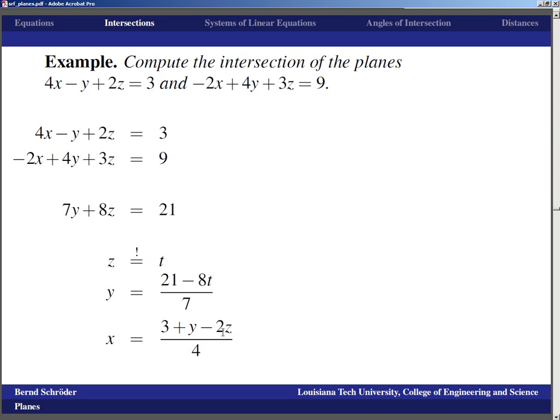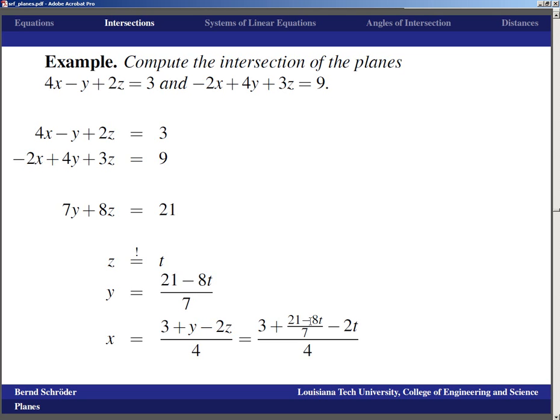Now I know z is equal to t, and y is equal to 21 minus 8t over 7. That can get a little bit uglier, but if we just plug it in, I get 3 plus 21 minus 8t over 7 minus 2t. I want to put it all on a common denominator.